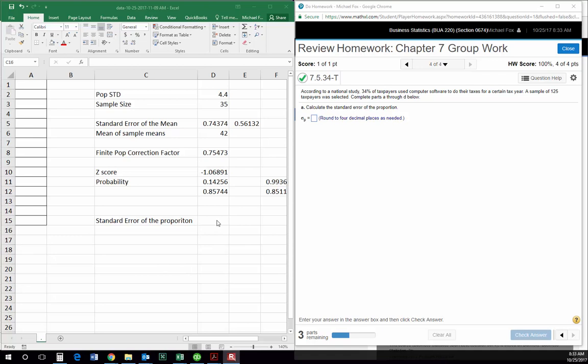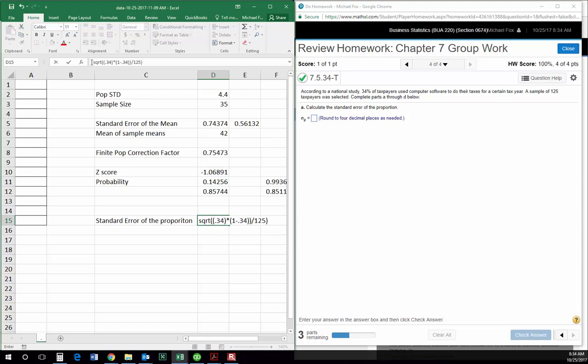The standard error of the proportion is equal to the square root of P, meaning the proportion, which in this case is 0.34, times 1 minus P, divided by N. In this case, N is 125.